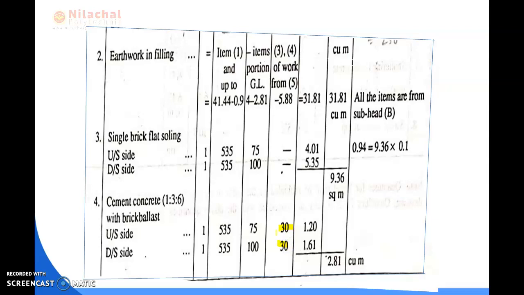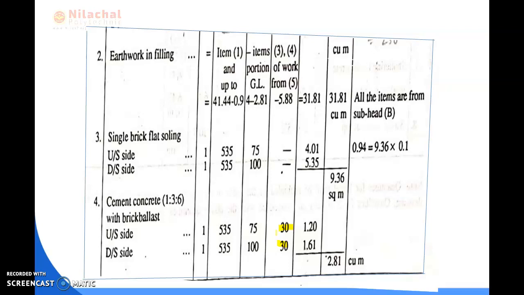So what is the total quantity of cement concrete? The length is 535 centimeter. Converting to meter, it is 5.35, 75 centimeter is 0.75 meter, and 30 centimeter is 0.30 meter. Then we multiply the values.